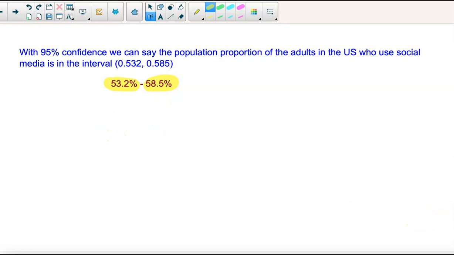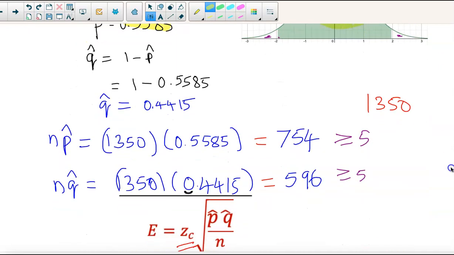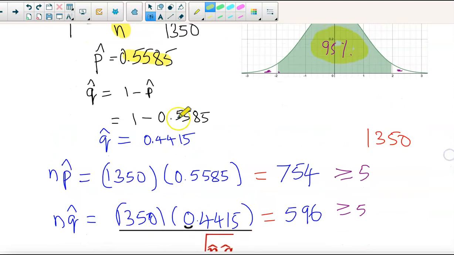That's all. Just do one thing at a time. Identify what your x is, what n is, then the ratio, and take it away from 1. Those are the two things you use again and again, P hat and Q hat.